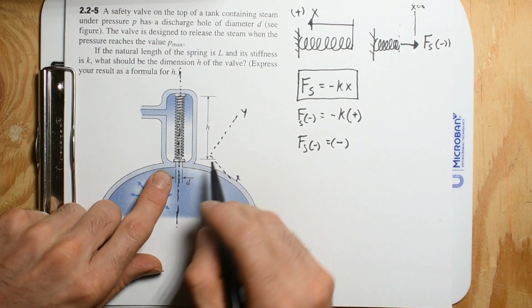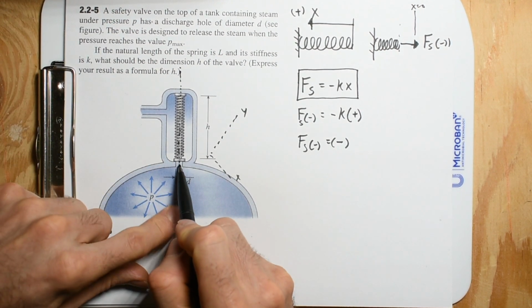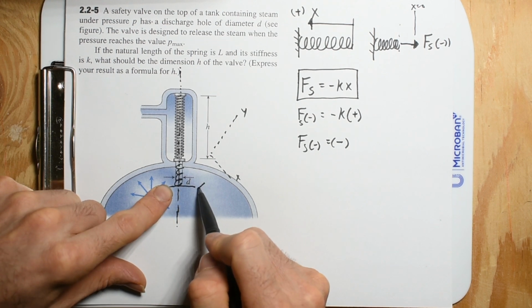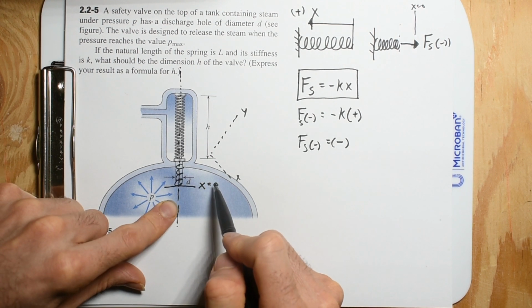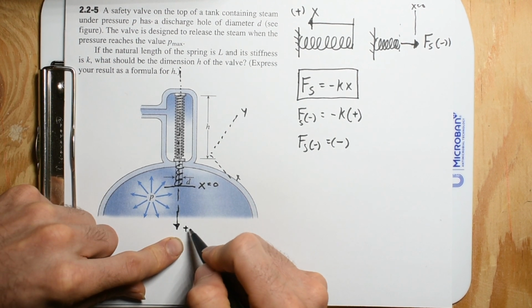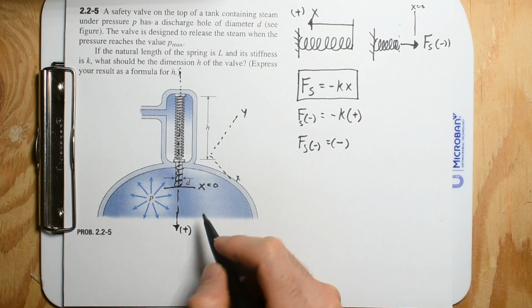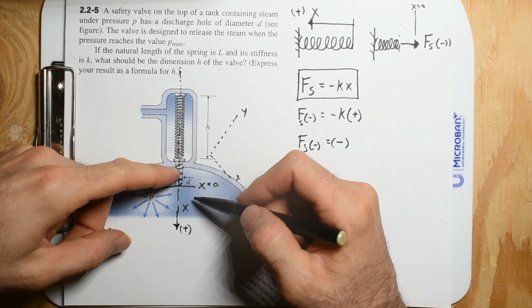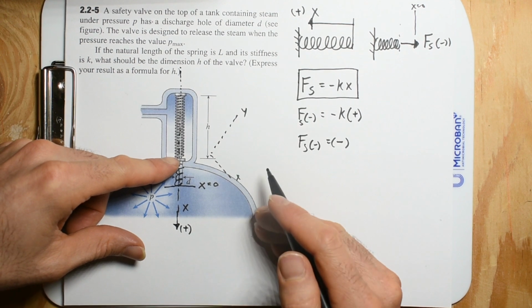So what I would do is say, I think the original length of this spring was like here. So I'm just going to say that is x equals 0. And then I'm going to say this is the positive x direction. And then when you compress a spring, you're going in the negative x direction.